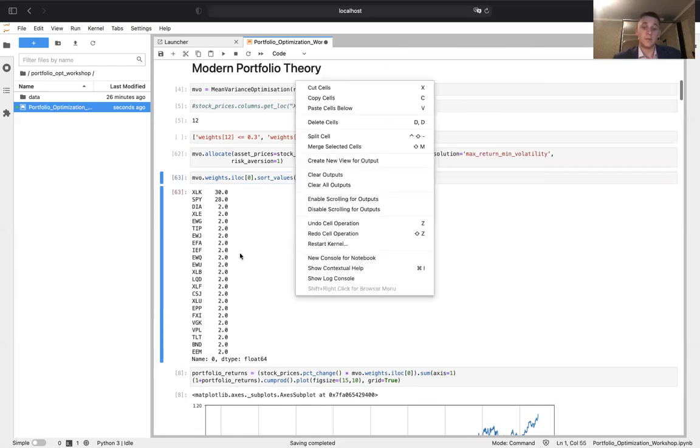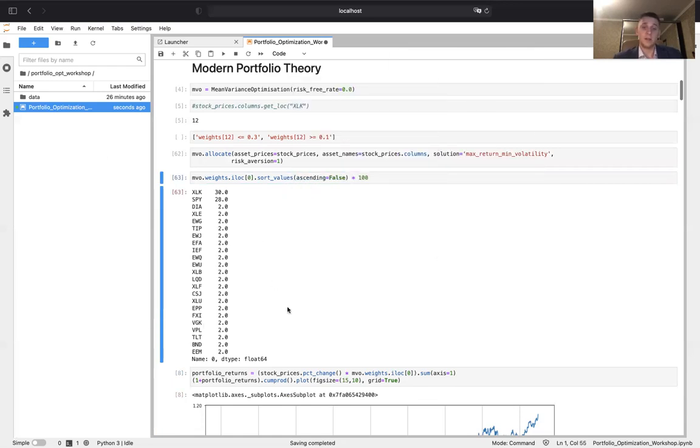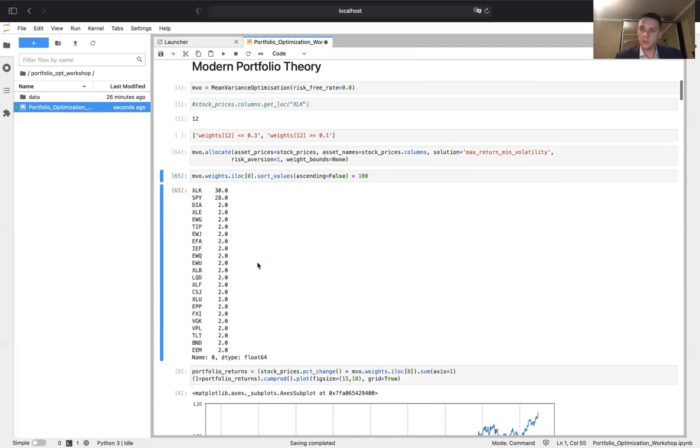Here we can see that the portfolio is still extremely concentrated. Weight bounds equals none. So we can see that it always yields very concentrated solutions in this case.